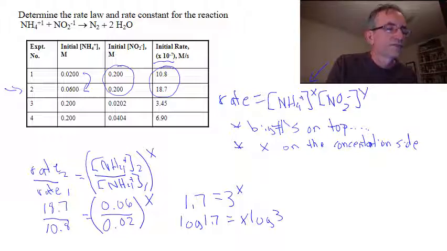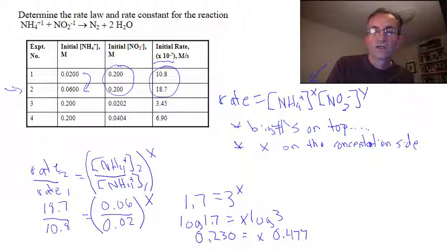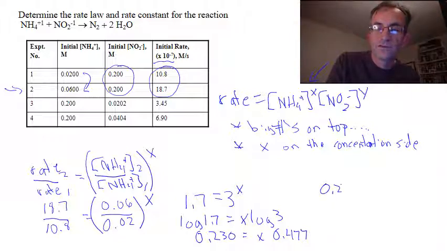Now if I type this into my calculator, the log of 1.7 is going to be 0.23, and the log of 3 is 0.477. Let me rewrite it up here, and we can finish this up. So this is what we got now.